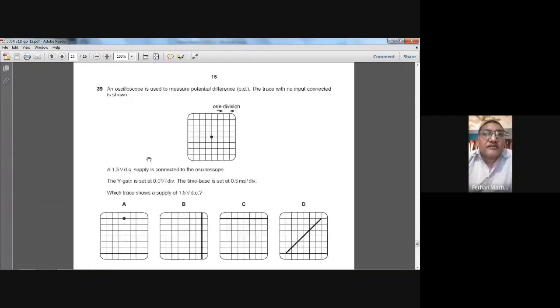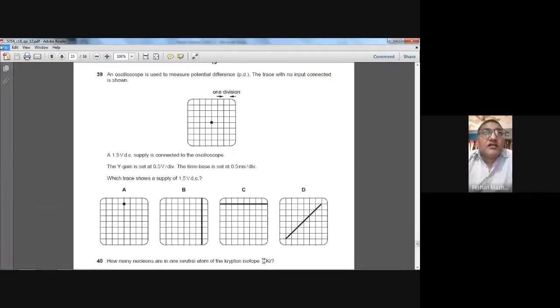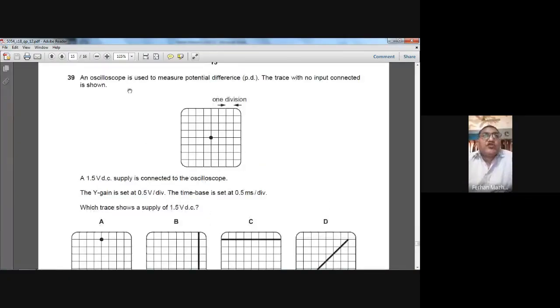Question number 39. We can increase the size a little bit. An oscilloscope is used to measure potential difference. The trace with no input connected is shown. So the dot is in the middle of the screen. A 1.5 volt DC supply is connected to the oscilloscope. The Y gain is set at 0.5 volt per division.